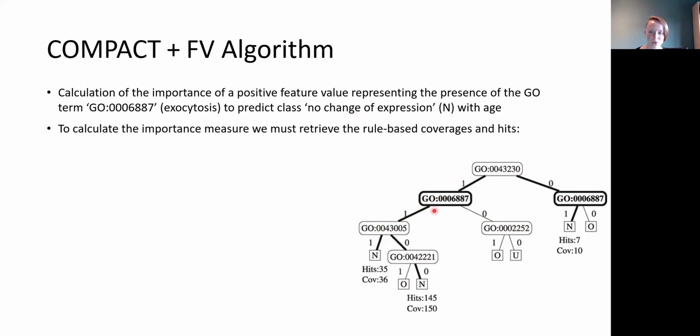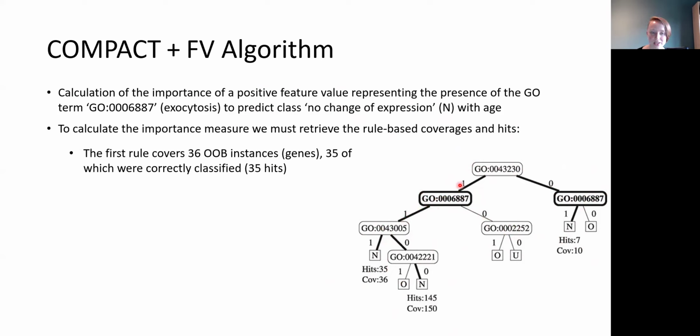So to calculate our importance measure, we're first going to go this way and this way. The first rule over here covers 36 out-of-bag instances. So there are 36 of our out-of-bag samples that came down this way to be predicted down here. And of those 36 that followed the tree this way, 35 of them were correctly classified. So 35 of the 36 that came down here were actually no change of expression.